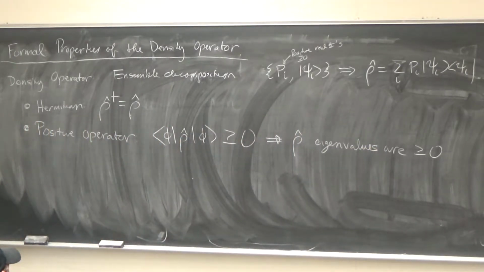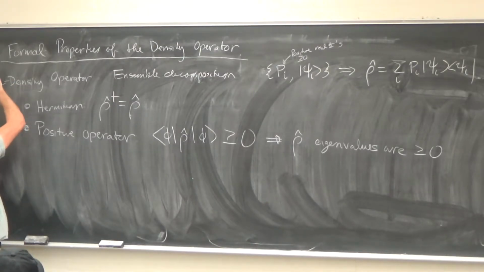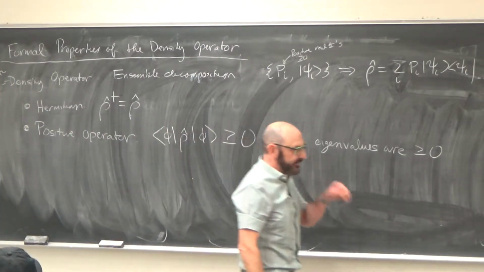So it's a Hermitian positive operator. That's basically it. That's what we demand for this to be a density operator. And a density operator is another word for the quantum state. You should forever and a day think about a quantum state as a density operator.